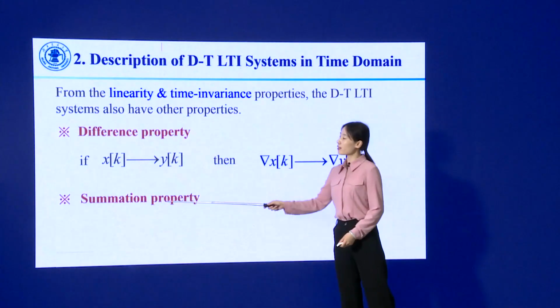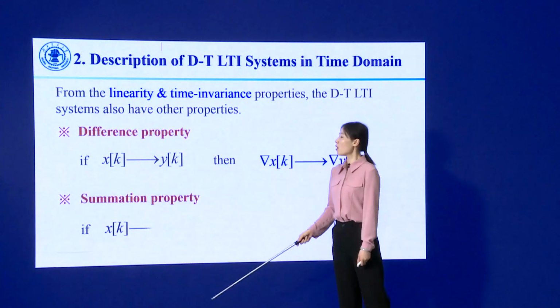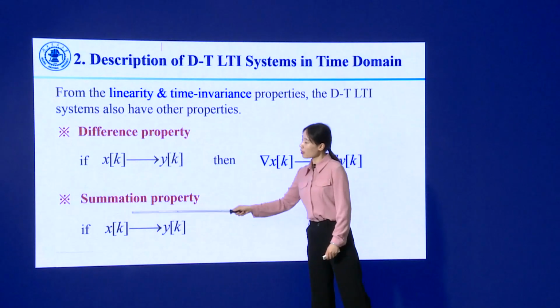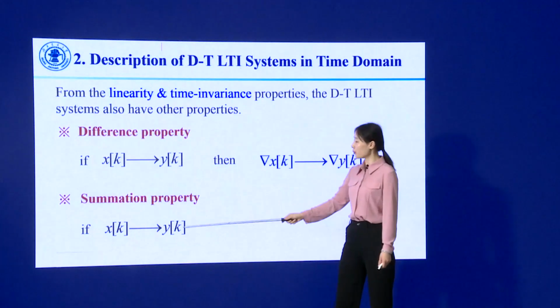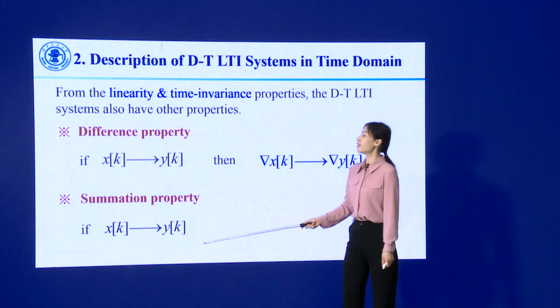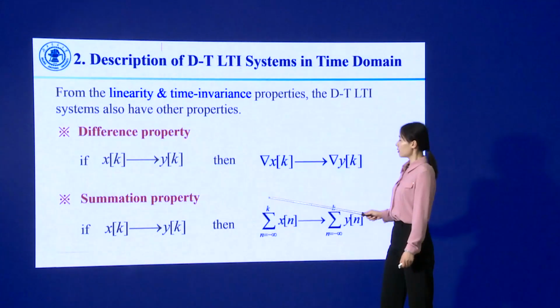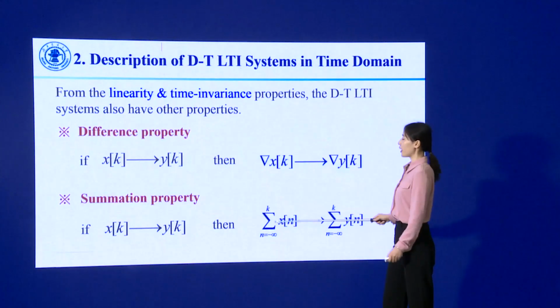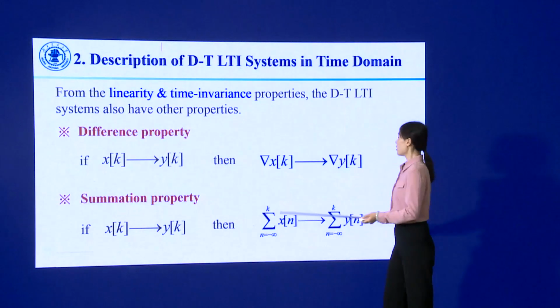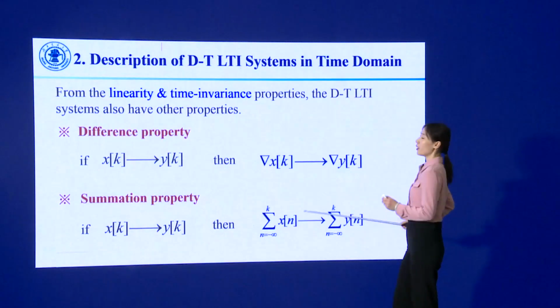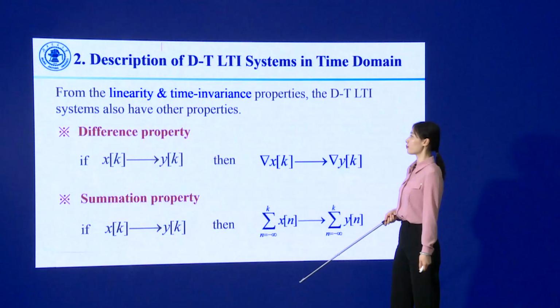The other is the summation property. When the input is s(k) and the output is y(k), then the summation on s(k) as the input gives the summation on y(k) as the output.